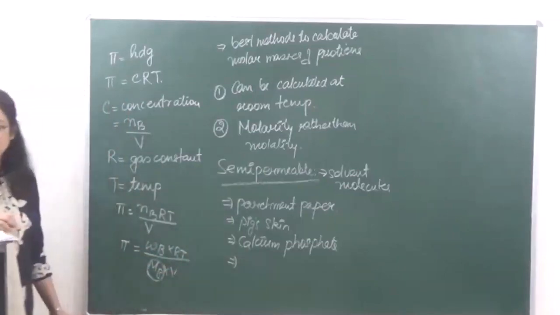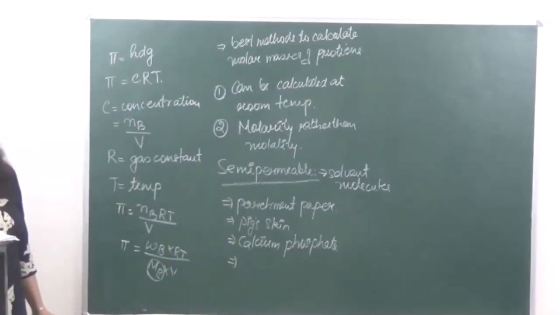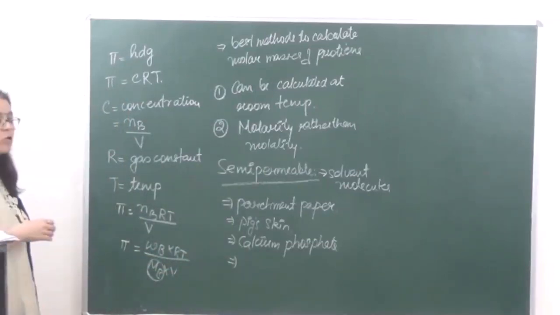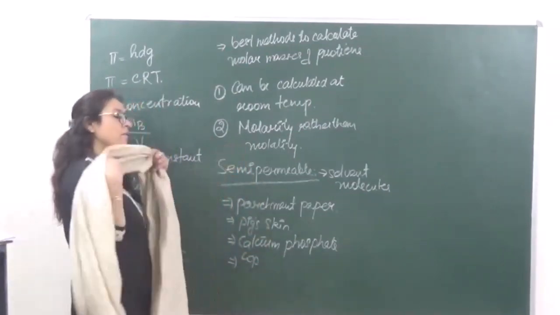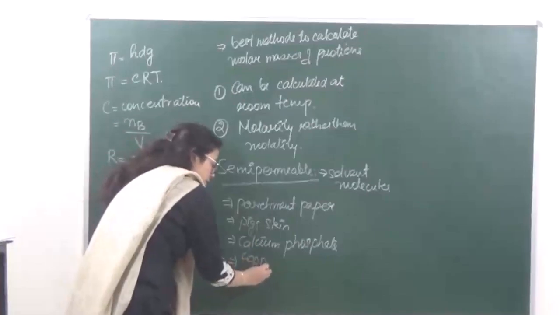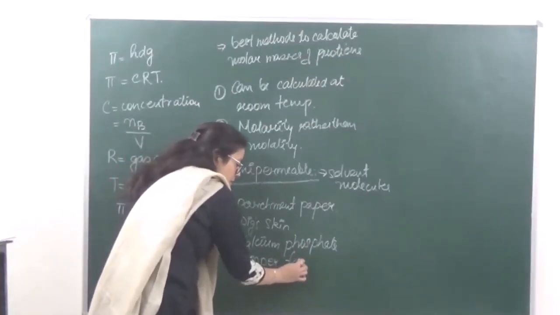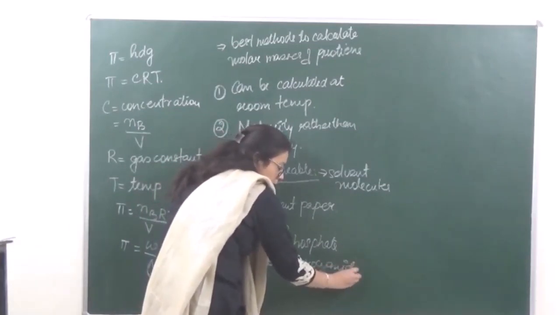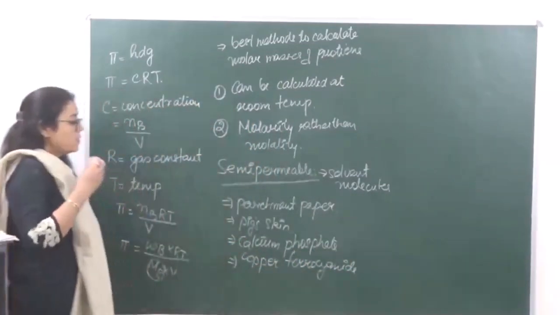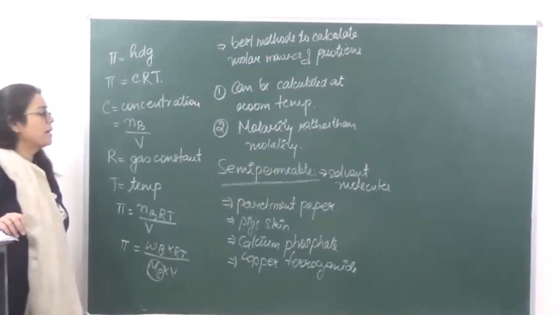Calcium phosphate is one example, and another example is copper ferrocyanide. This is one of the best semi-permeable membranes, copper ferrocyanide.